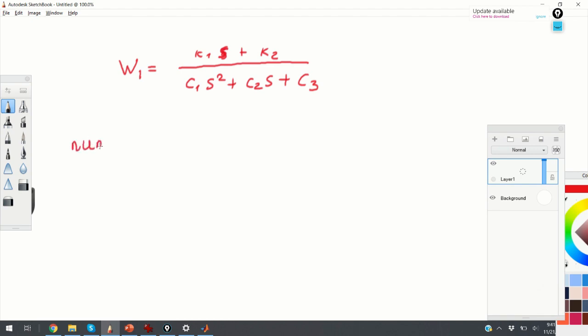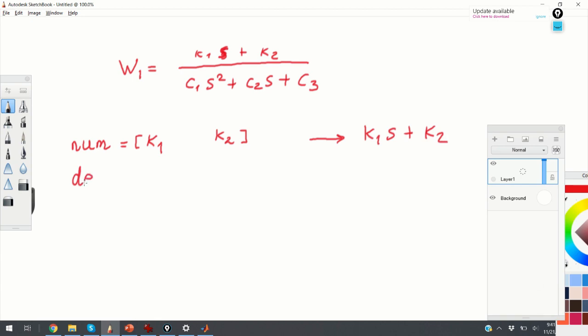The first vector will be the coefficients of the polynomial in the numerator. In this case, the coefficients will be k1 and k2. So this corresponds to the polynomial that looks like this.